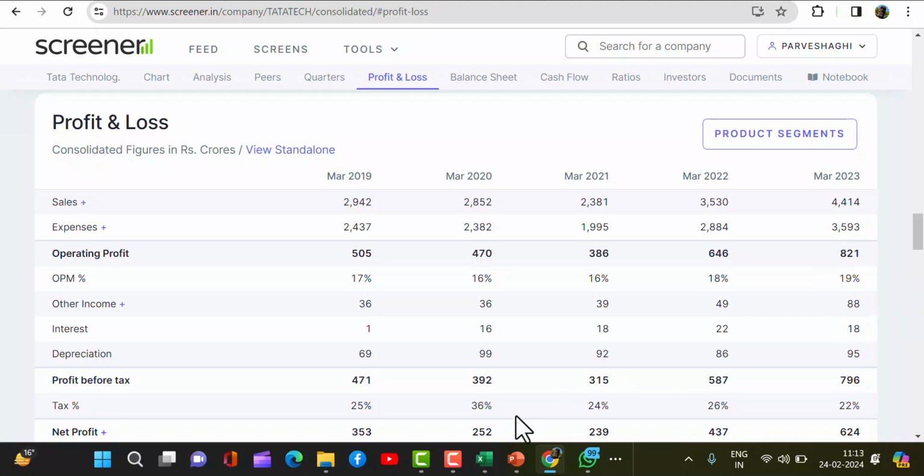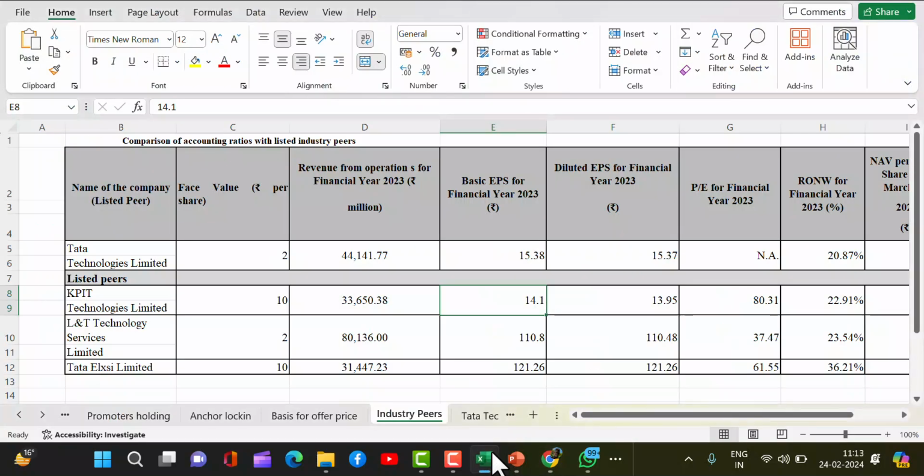So if you go to the Excel sheet here, these numbers, if you convert them to crores, are 4,400. Same number which is appearing on screen. Trailing P, this thing is 4,414 crores. Okay, fine. So in terms of turnover, which company is better? Which company's top line is the best? L&T.